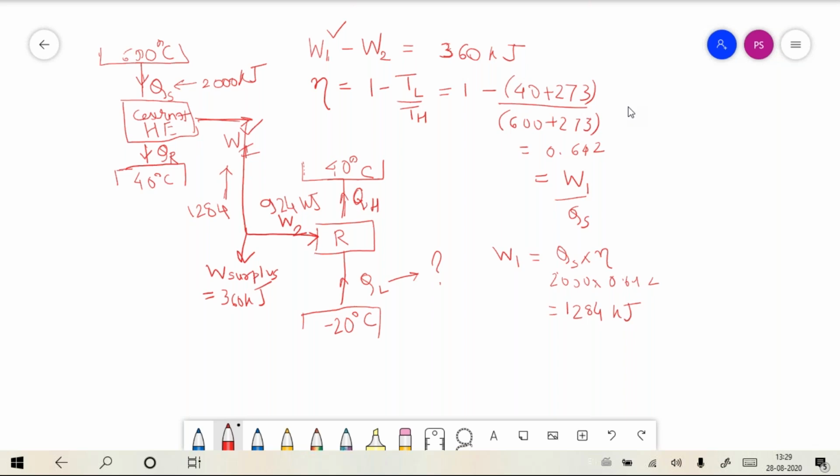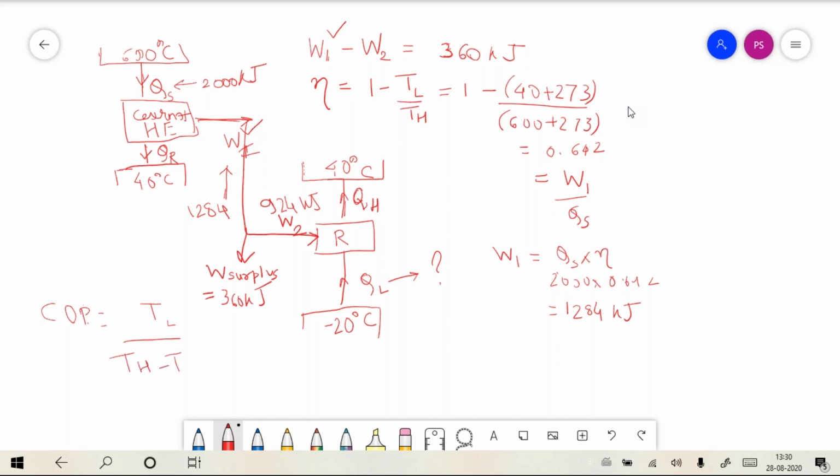So now we have this problem. This is a problem of a refrigerator wherein you are given the work input to the refrigerator, which is 924, and it is a Carnot refrigerator. For a Carnot refrigerator, you know how to find COP. COP would be TL upon TH minus TL.